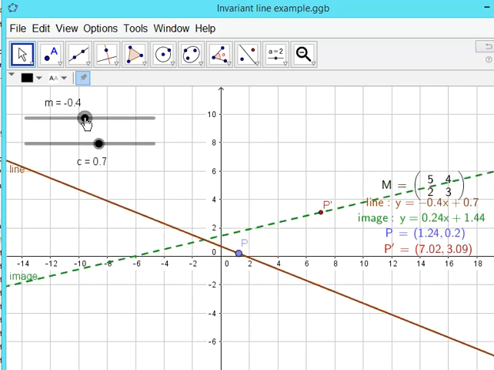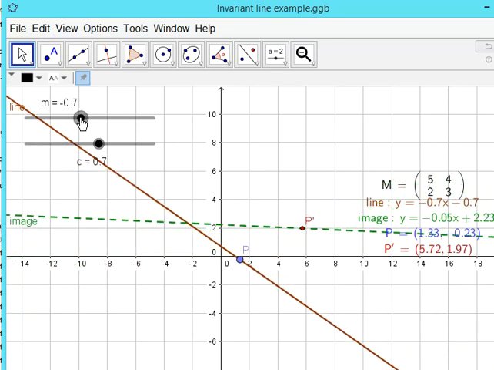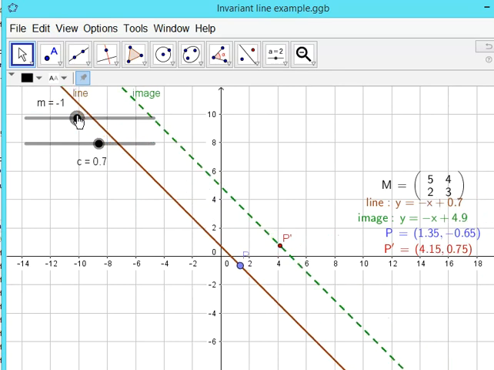Now we thought that when m was minus 1, that indeed, well, here we have parallel lines. So the matrix M is transforming the red line to the green line. Well, we expected it to be exactly the same line.